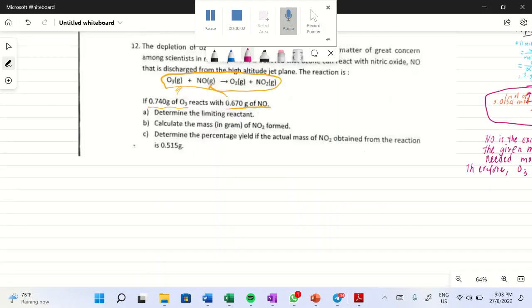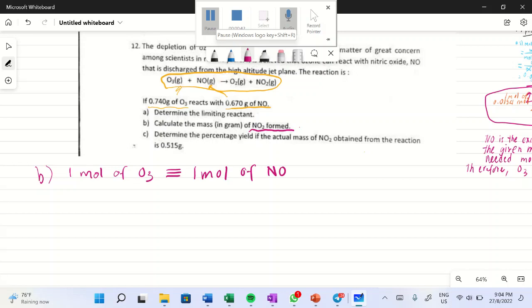B. Calculate the mass in gram of NO2 formed. So, how to do? Same thing. We have to do proportionality between the limiting reactant and NO2. So, based on this balanced equation, 1 mole of O3, 1 mole of NO2.